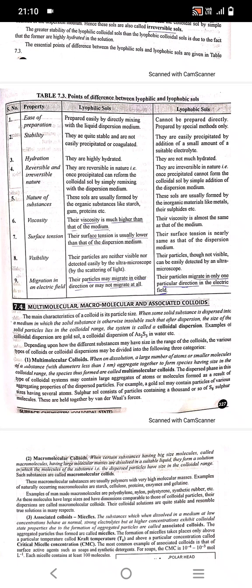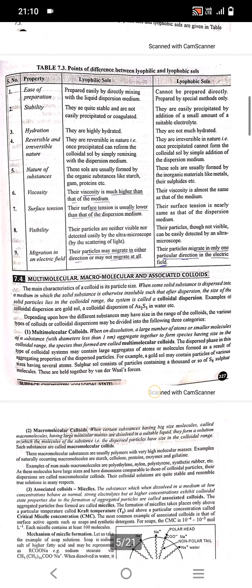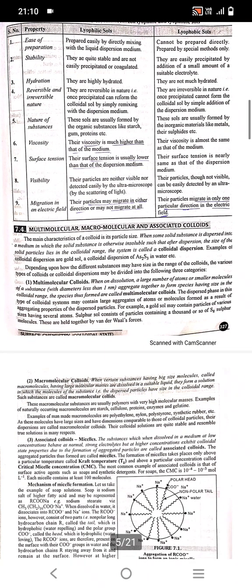These sols are usually formed by inorganic materials like metals, their sulfides, etc. Their viscosity is almost the same as the medium. Their surface tension is nearly the same as that of the dispersion medium. Their particles are not visible but can be easily detected by the ultramicroscope. Their particles migrate in only one particular direction in the electric field.